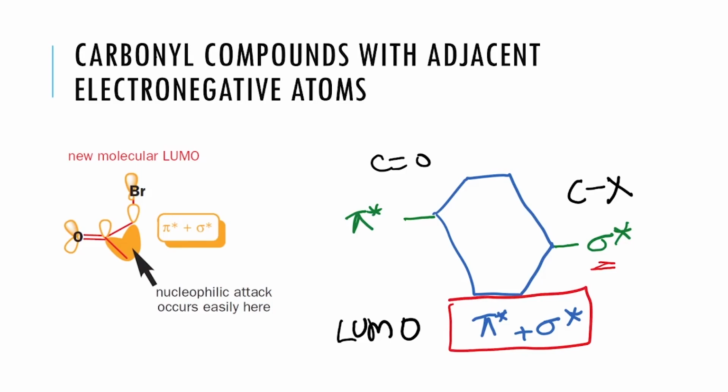And therefore, the reactivity of the center goes up. That is, the reactivity of the center, as we know, is dictated by the energy level of the LUMO. And the energy level of the LUMO goes down because of the combination of the sigma star and pi star, leading to a new, further stabilized antibonding orbital.